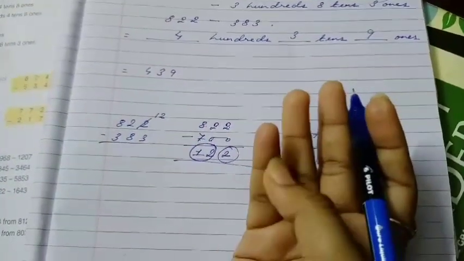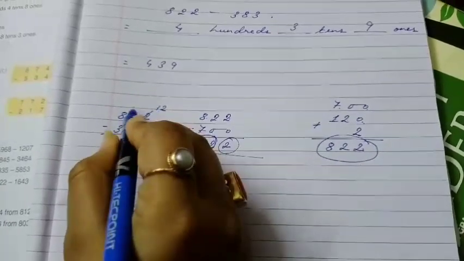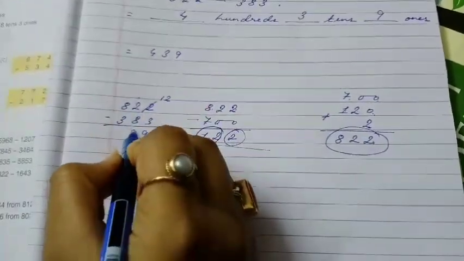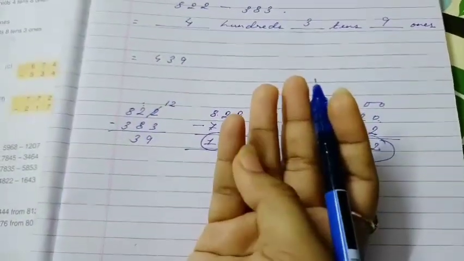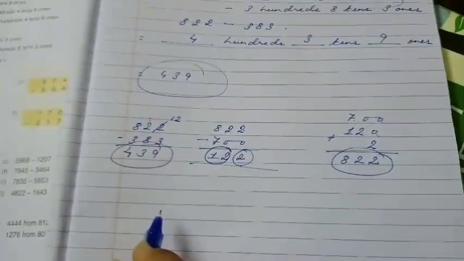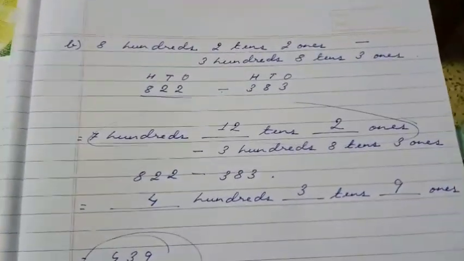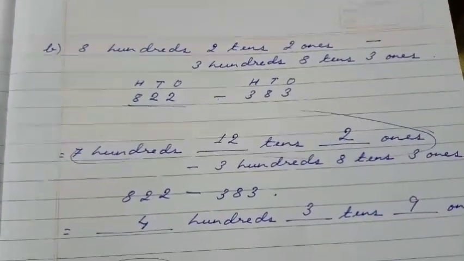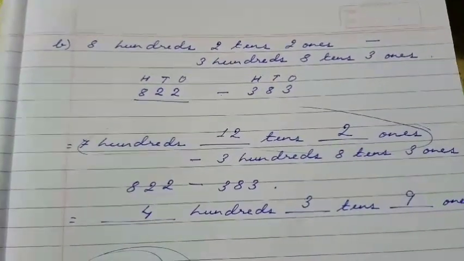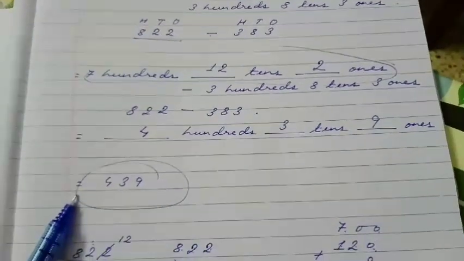After 3, 4, 5, 6, 7, 8, 9, 10, 11, 12. 9. 8 plus 1, 9, 10, 11, 12. 3. 3 plus 1, 4, 5, 6, 7, 8. 4. 439. See, 439 is the answer. Please see it very carefully, very minutely. Please, I'm requesting all of you, please see this.